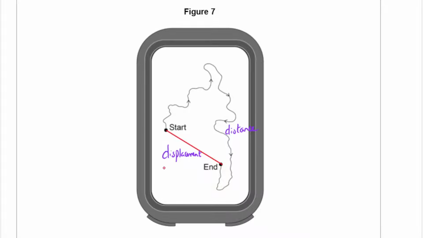So I can measure from the start to the end and give a value. Let's say it's 20 kilometers. And I can also give the direction. Remember, north, south, east, and west. If it's going in this direction, it will be southeast direction.